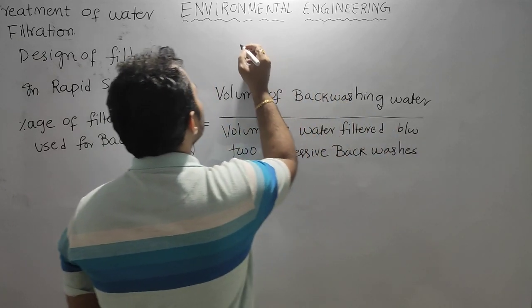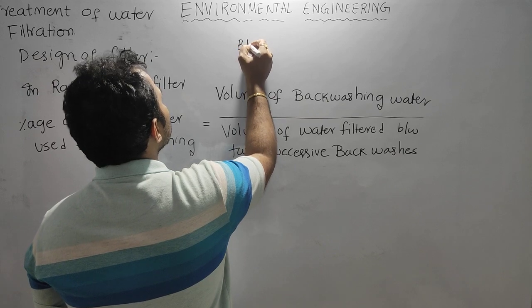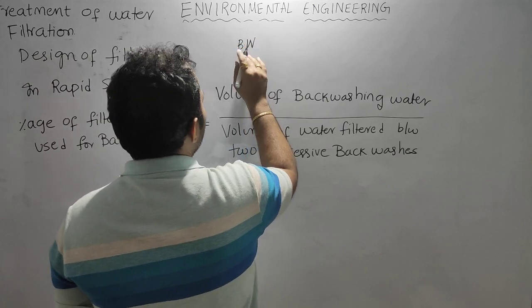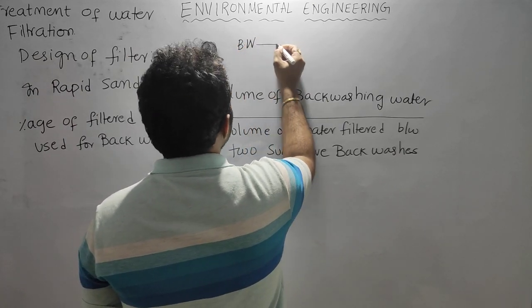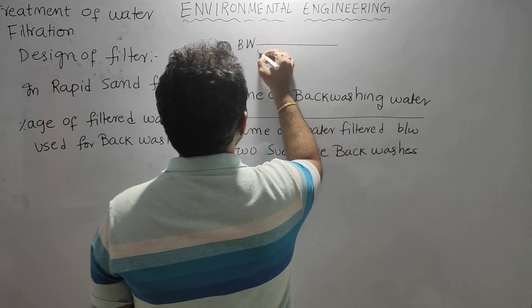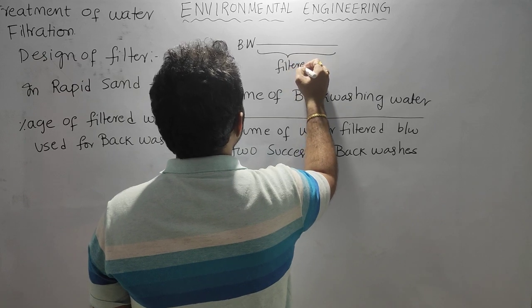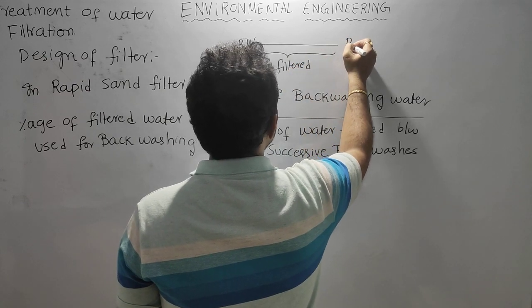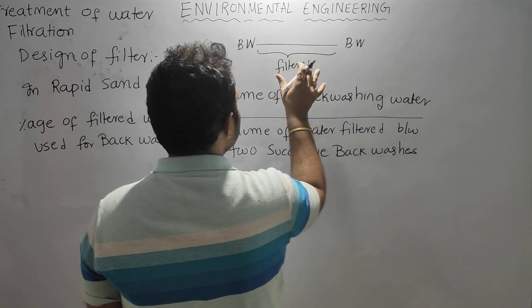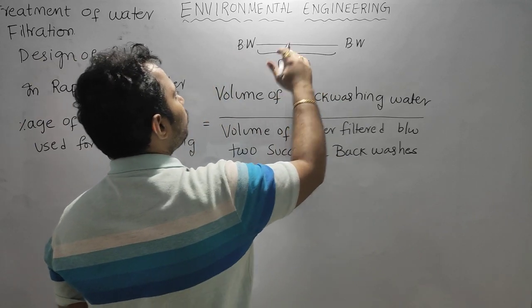So you have done backwashing. Now the filter has been commissioned again, so it has started filtering water. This is the amount of water filtered. Again you need to do backwashing, so this filtered water you will use for backwashing.